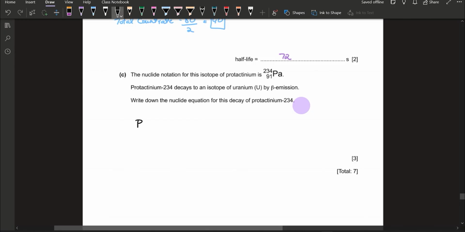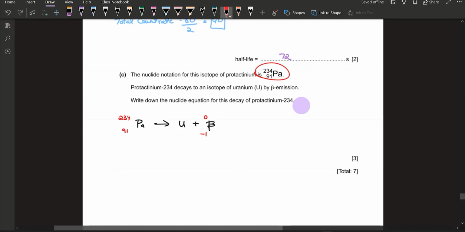We have Pa on the left side, which decays to U plus beta emission, and we know that the mass number of beta is 0, so we write 0 here, and the atomic number is -1, so we write -1 here. We're given the mass number and atomic number of Pa, so we write the same here, 234 and 91.